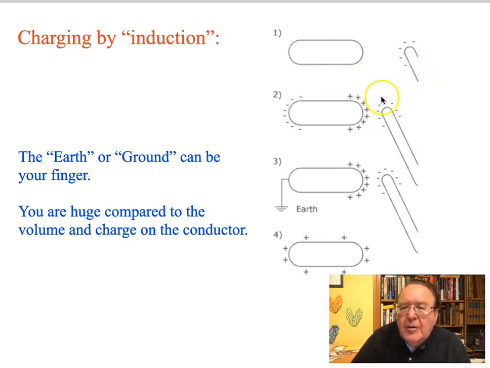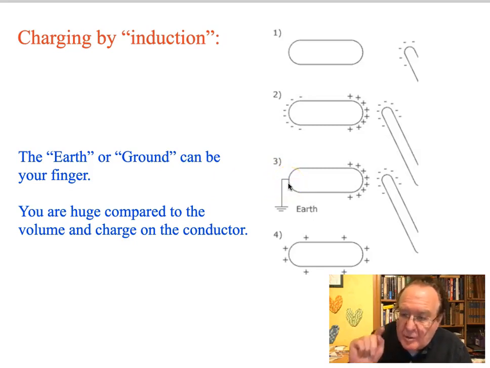What literally happens is the negative charges on the PVC repel the electrons in the metal. The electrons really go to the other side, leaving the near side positive. So now, at this point, you can do a little quick trick. On panel 3, you touch the left-hand side with a ground.